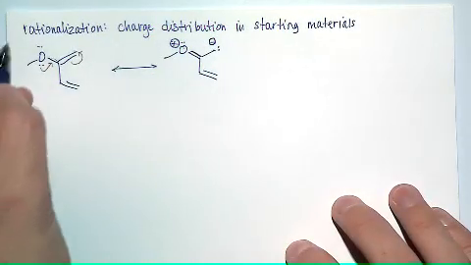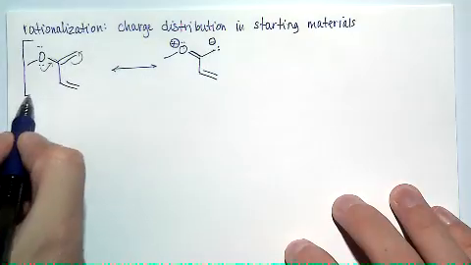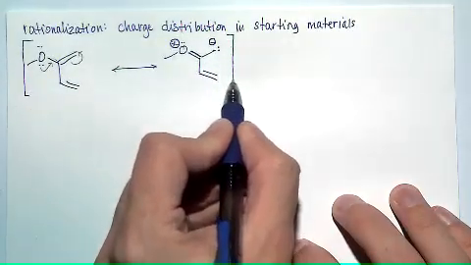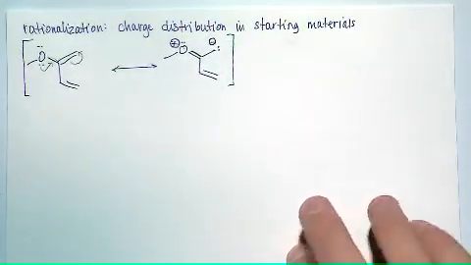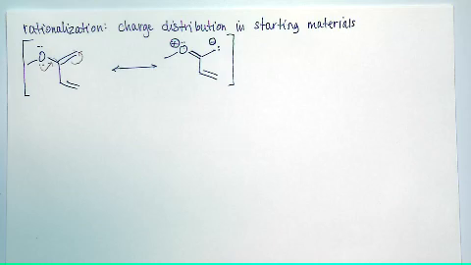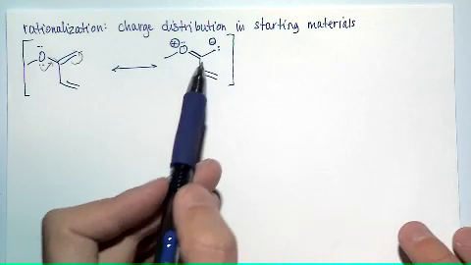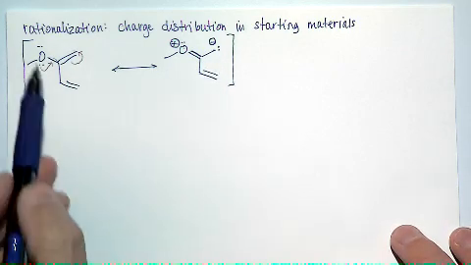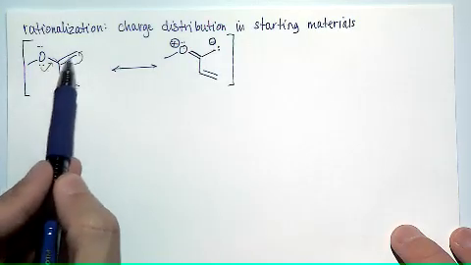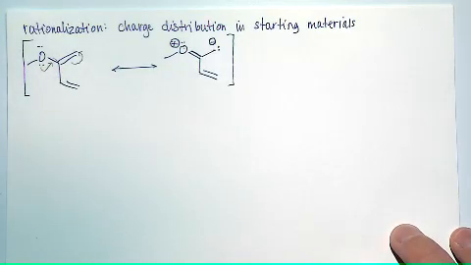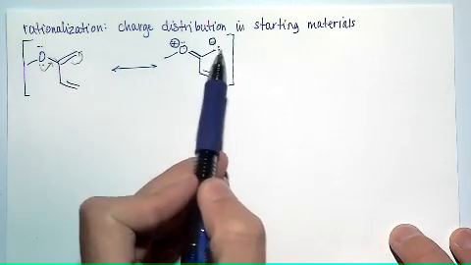So there's a resonance structure for that starting material. You could draw other resonance structures if you wanted to. I've picked this one because it puts a negative charge on one of the carbon atoms that was originally part of the diene, well, it is part of the diene.